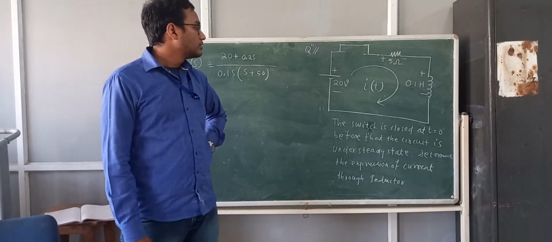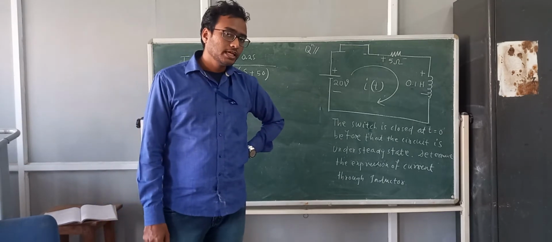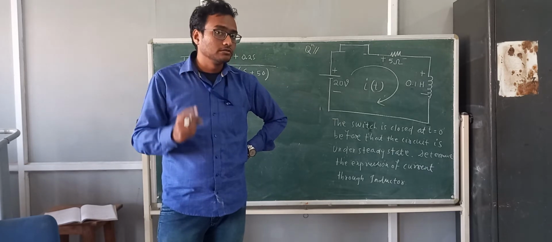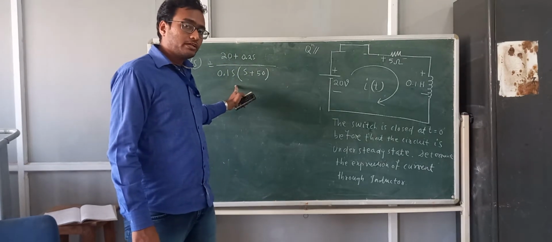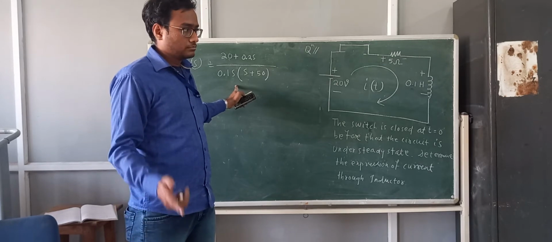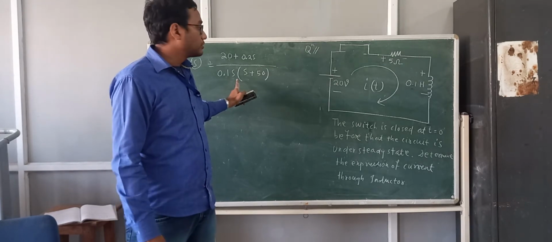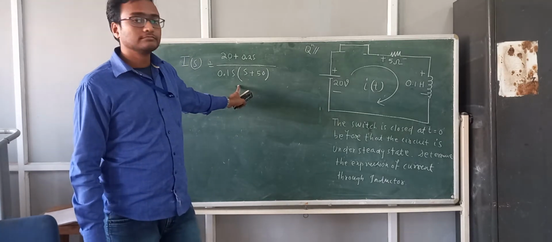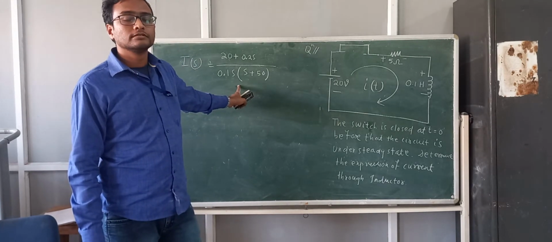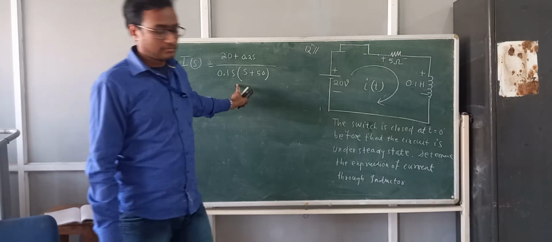So in order to learn something, your mind needs to struggle. So you have to do this by yourself in your copy. By pausing the video, you do this in your copy first, then cross check it. One minute.